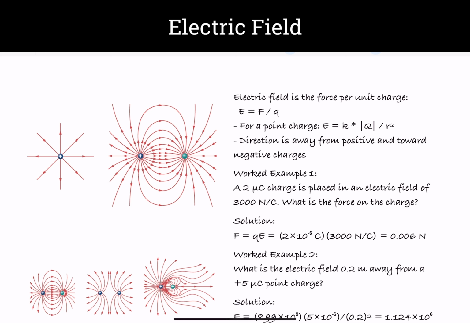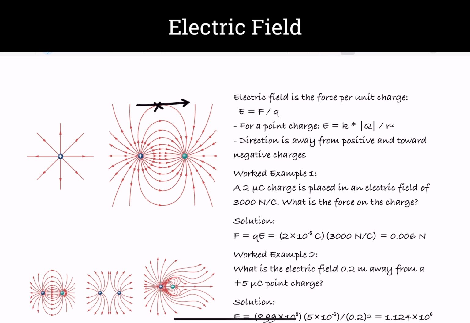But more important than that, if you wanted to find the electric field at any point, let's say at this point, what you've got to do is draw a tangent to that line and you would get the direction of the electric field.